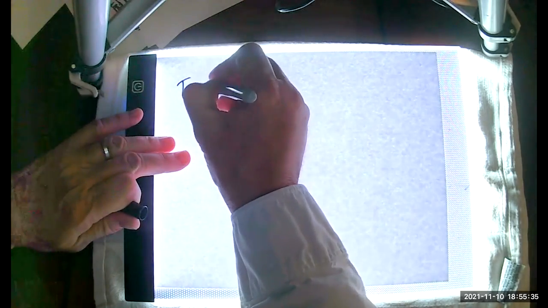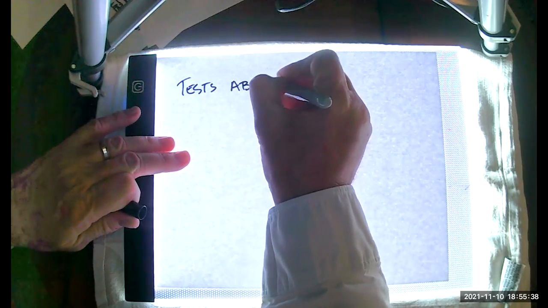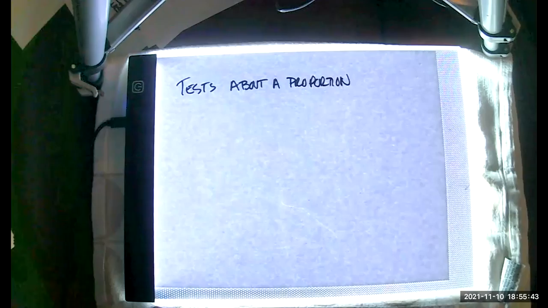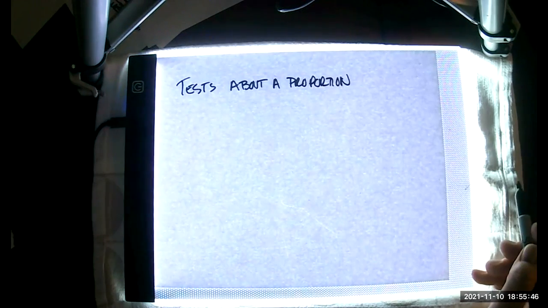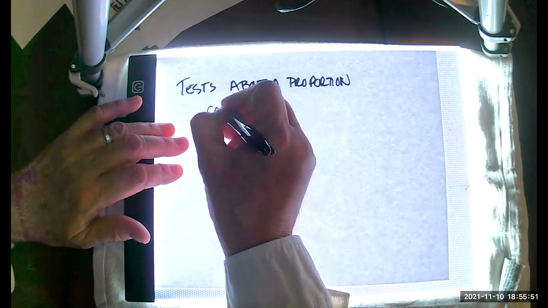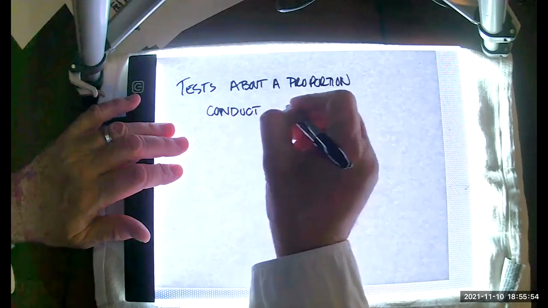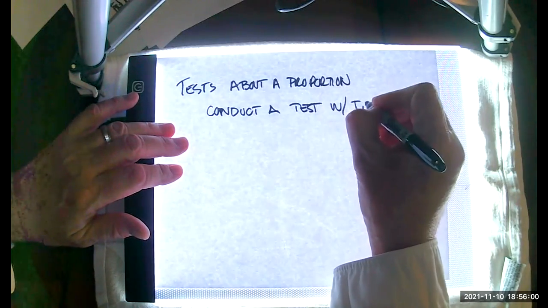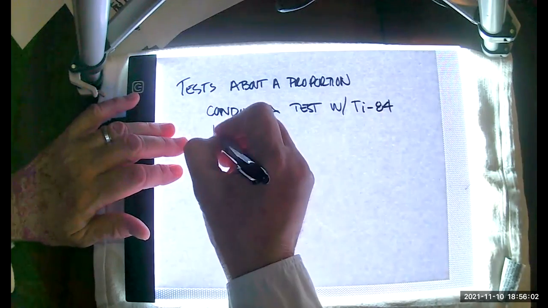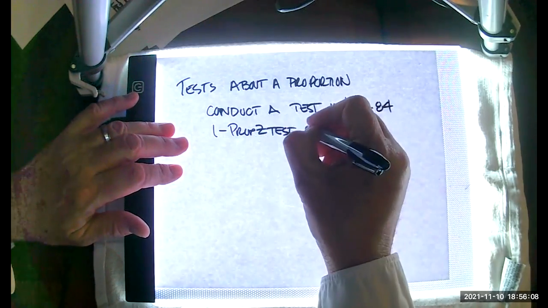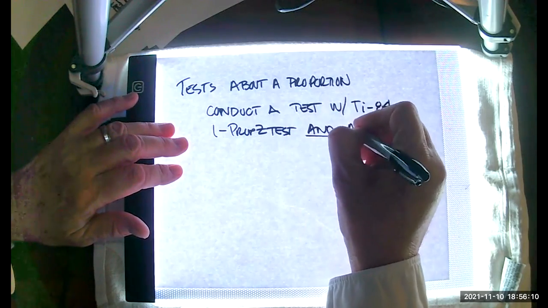So for tests about a proportion, there's a couple of things that you'll really be required to do. You'll be required to conduct such a test that you just saw me do with the TI-84, using the one prop Z test and a p-value.